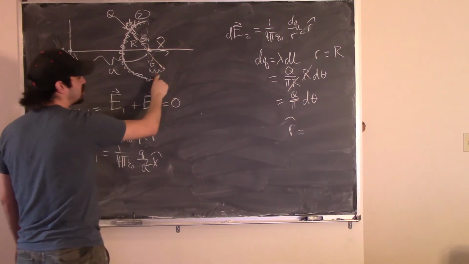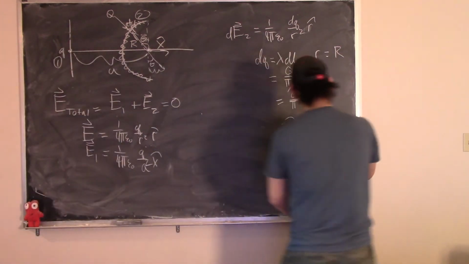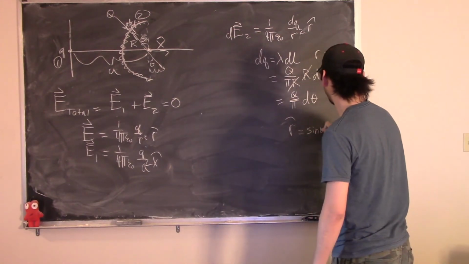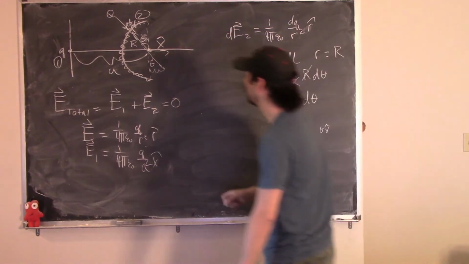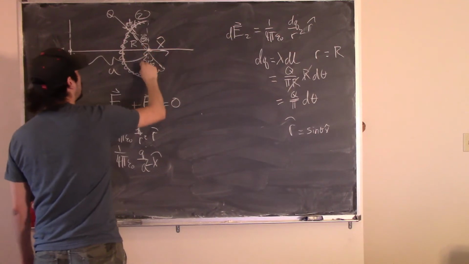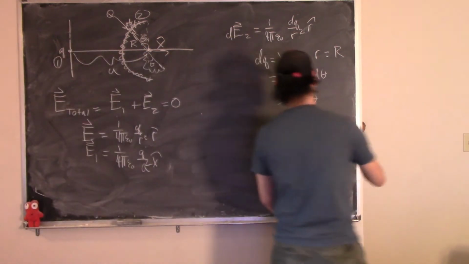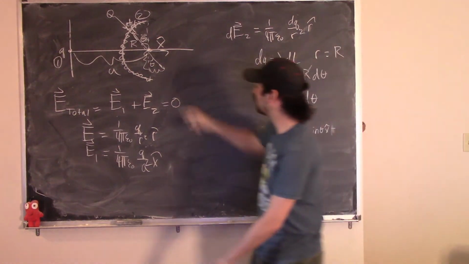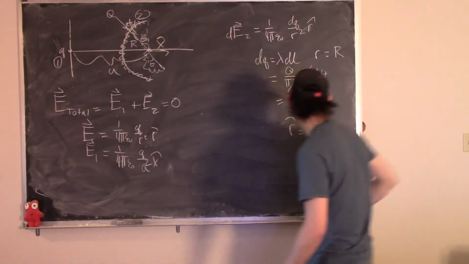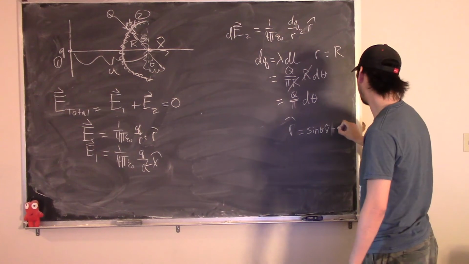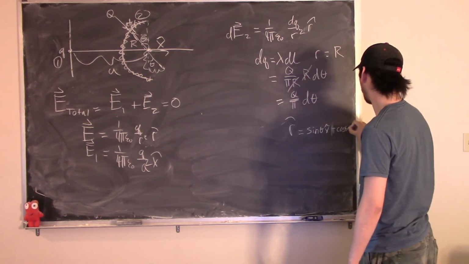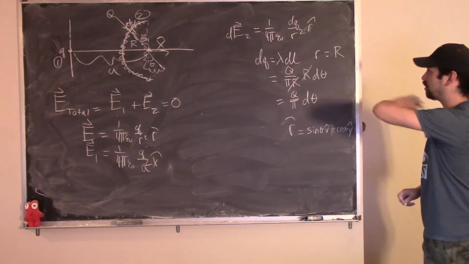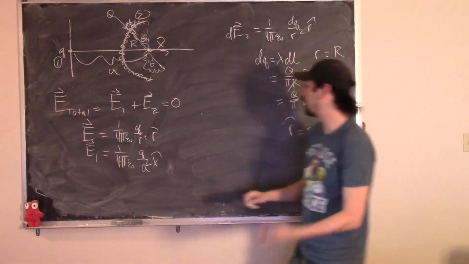So the x component here is going to be sine of theta, x hat. The y component is going to be a cosine of theta, but it's going to be negative because this is going to be the negative y direction. So this is minus cosine of theta, y hat. Okay. Now we just need to plug everything in and do the integral.